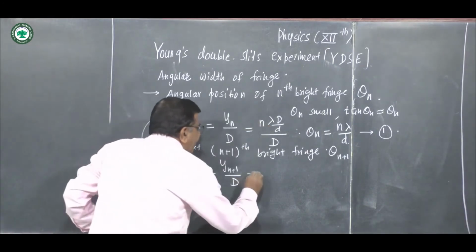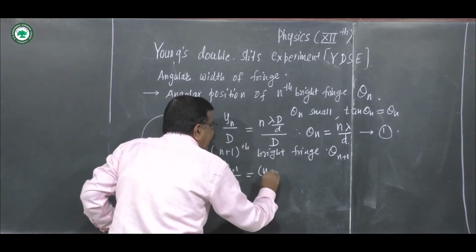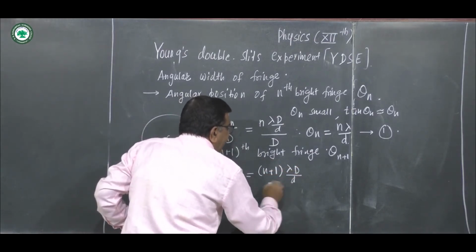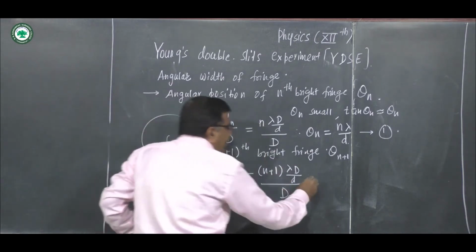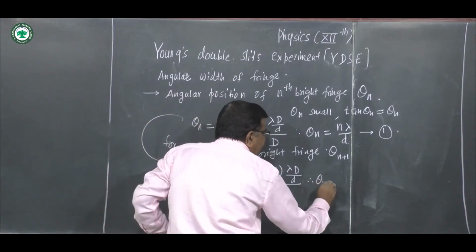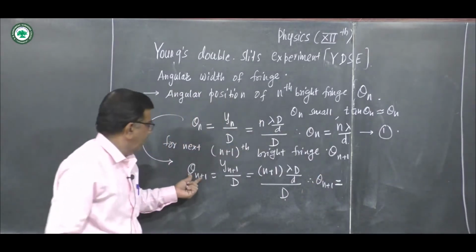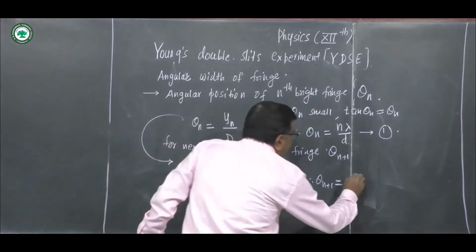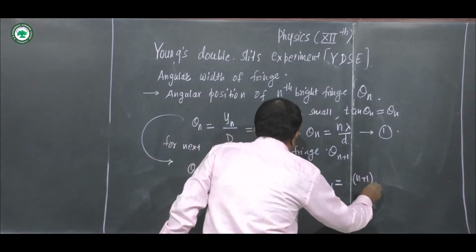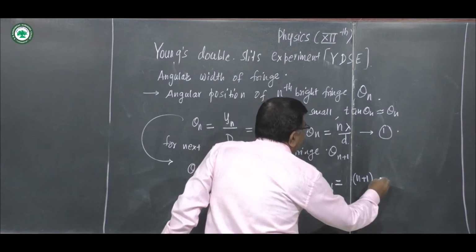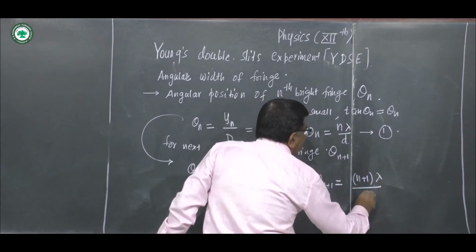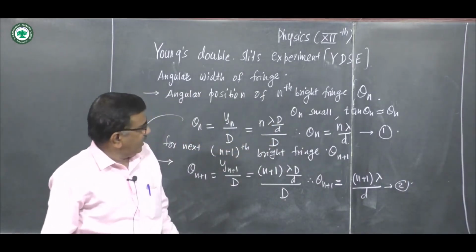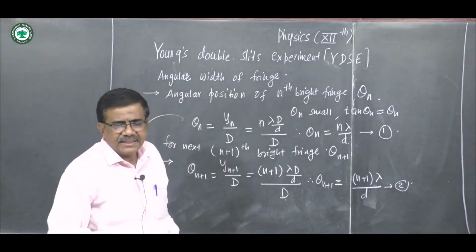And instead of n, we write n plus 1 lambda capital D upon d, divided by d, and we get the equation theta n plus 1 as n plus 1 into lambda divided by small d. Equation 2: n plus 1 lambda upon small d.